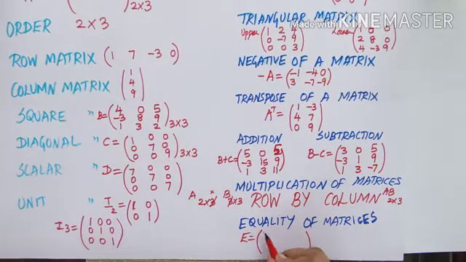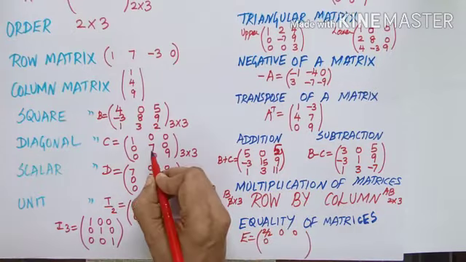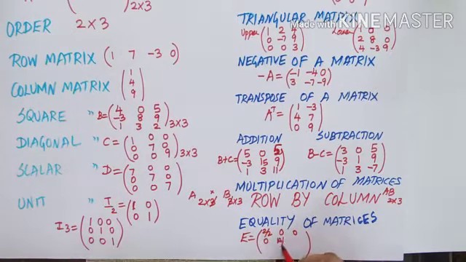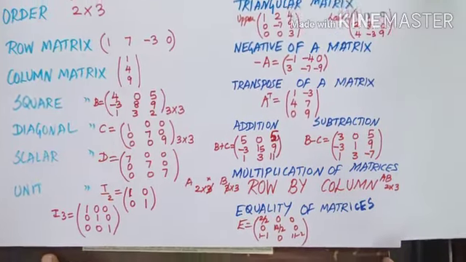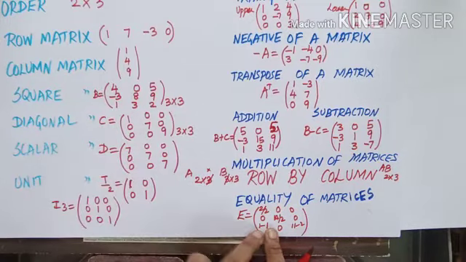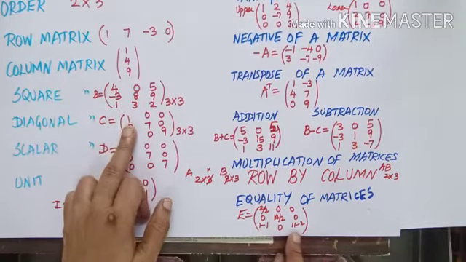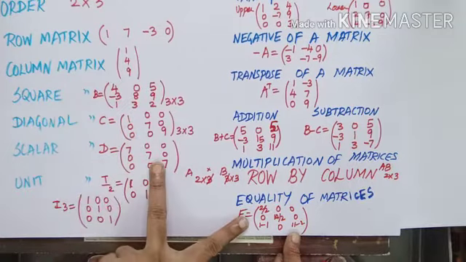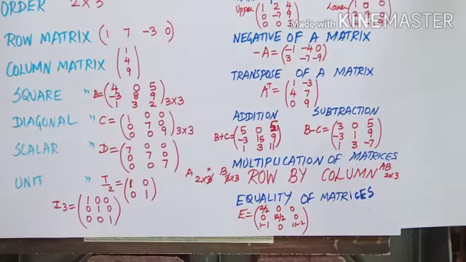Instead of 1, I can write 2 by 2. 0, 0 only. Instead of 7, I can write 14 by 2. 0. Instead of 0, I can write 1 minus 1. Instead of 9, I can write 11 minus 2. So we compare C and E. The corresponding entries must be equal. Then only we call equal matrices.